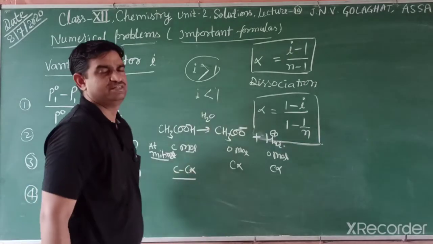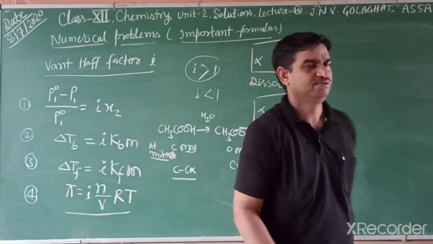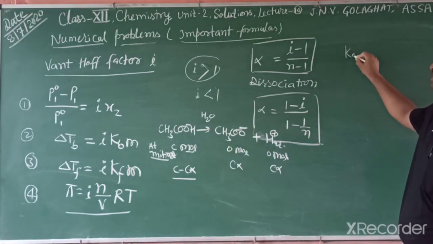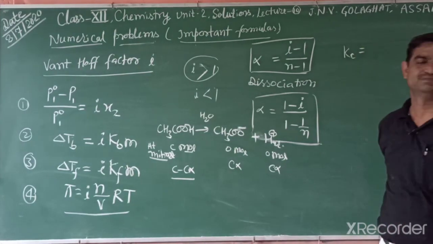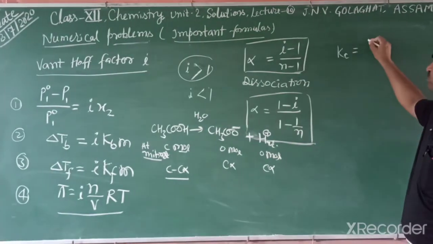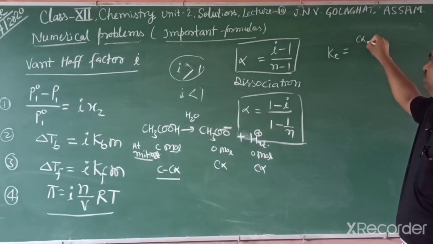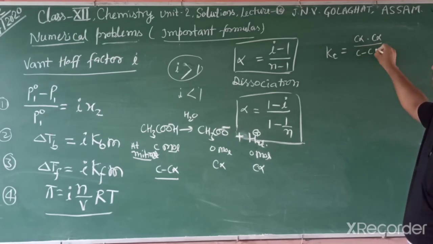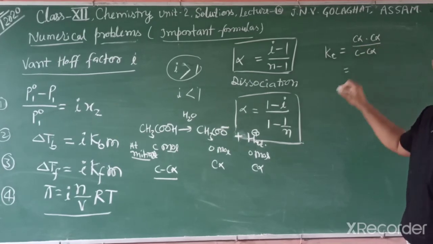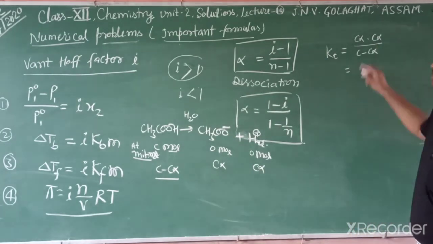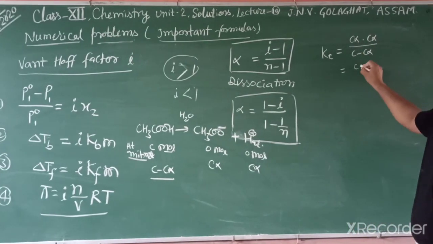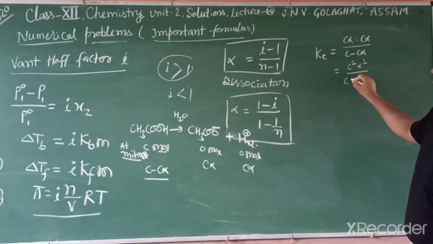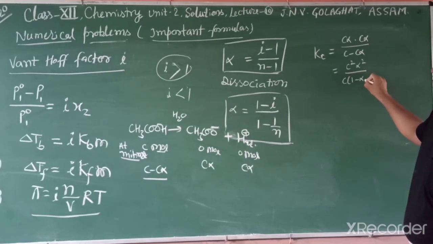So how can we write the equilibrium expression? We know it is the concentration of products divided by the concentration of reactant. Products means C alpha times C alpha divided by C minus C alpha. What is alpha? Degree of dissociation. Solving this, C square alpha square, and taking C common, we get 1 minus alpha.